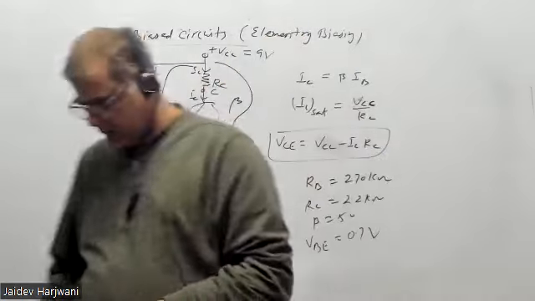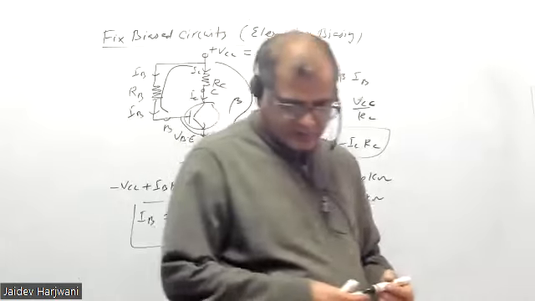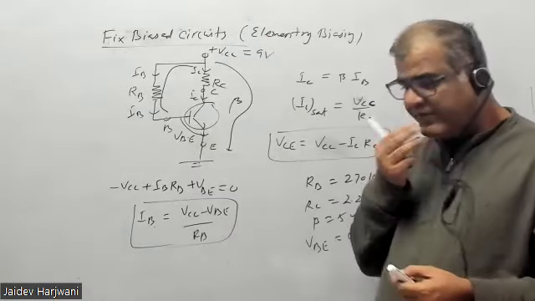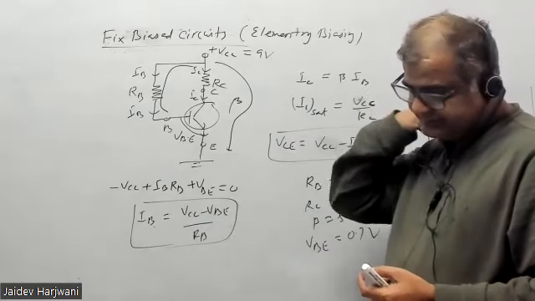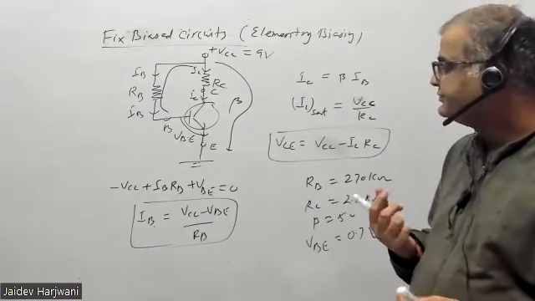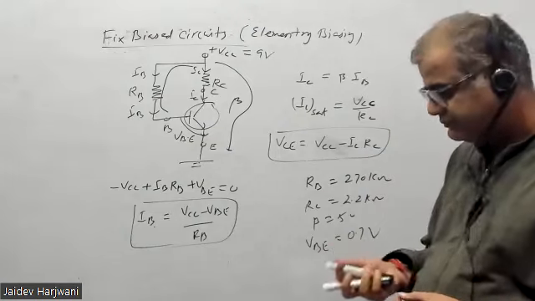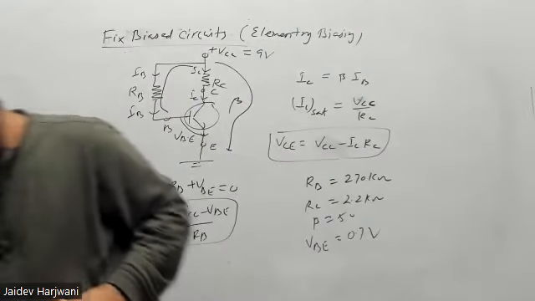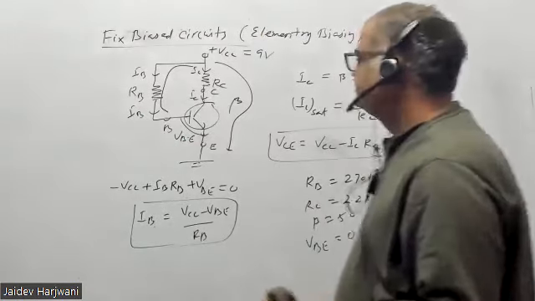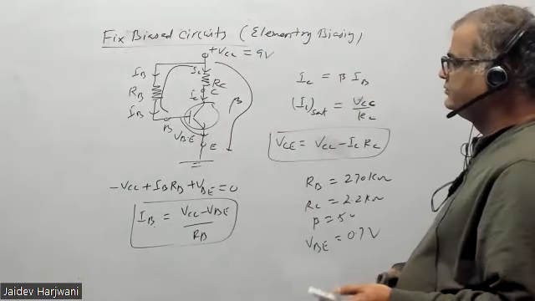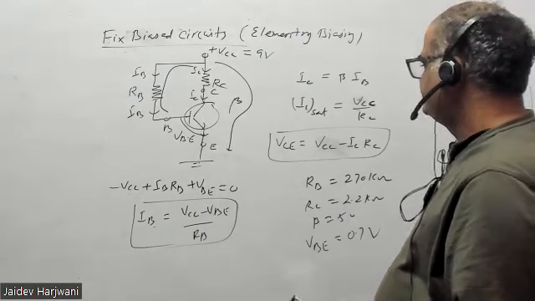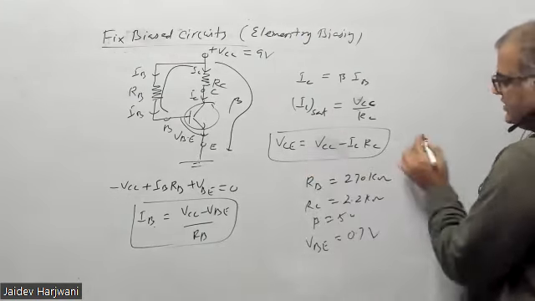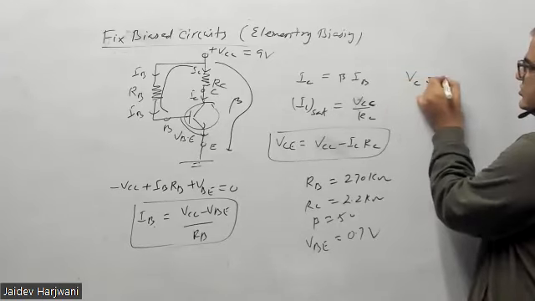Calculate. So what do we have to find? The operation point, the operation region. For this given circuit, you have to find VC, and please find VCE also.